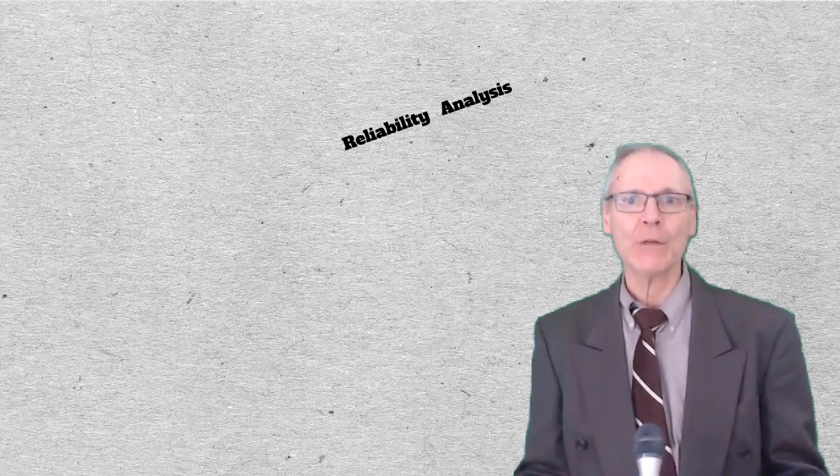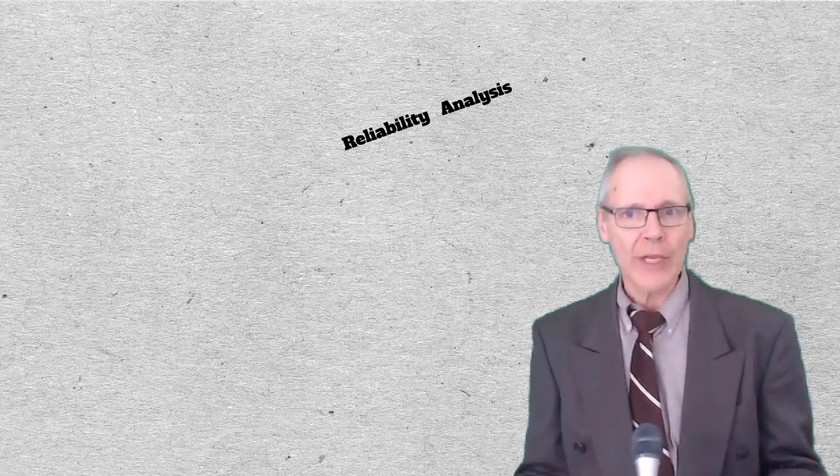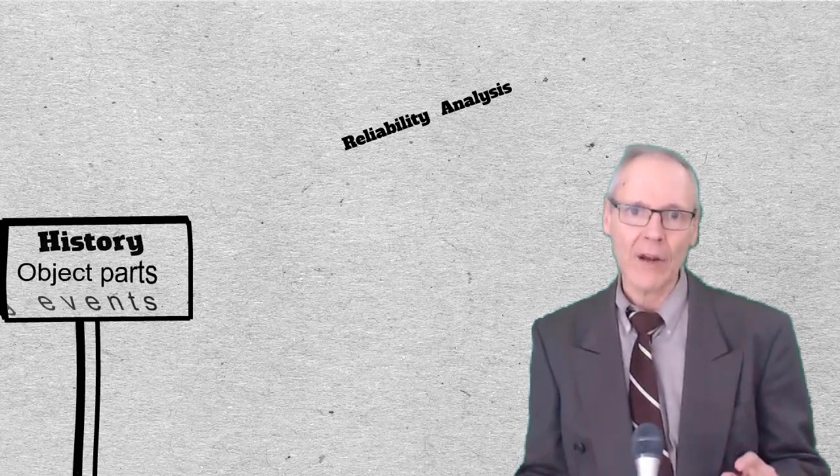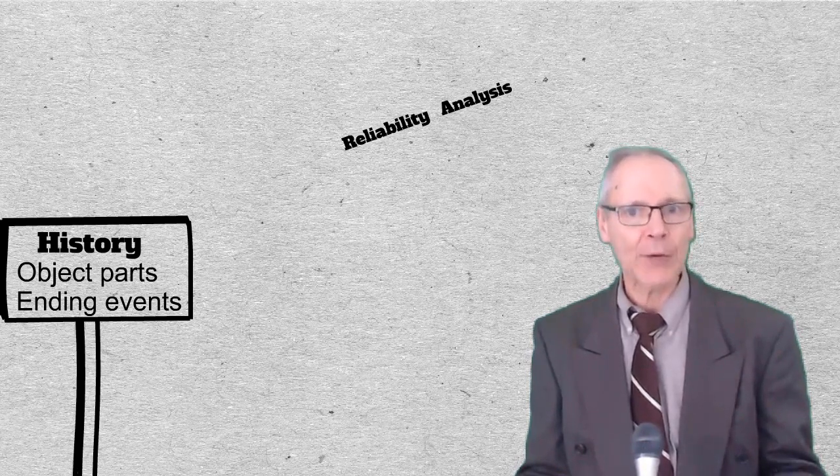The primary reason for the paucity of quantitative analysis in maintenance is well known. The history of object parts and their ending events were not recorded with sufficient precision, completeness, and accuracy in the Enterprise Asset Management, or EAM, system database.